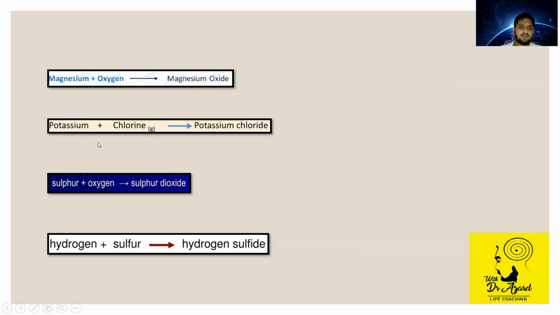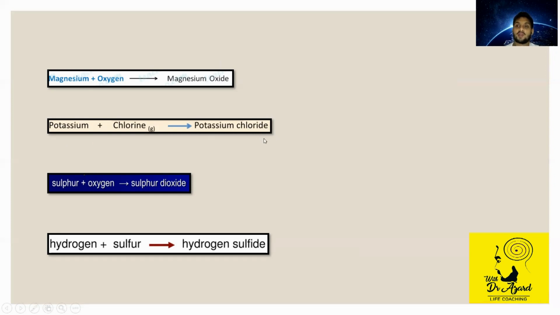Similar for the next one. If you see, we are reacting potassium and chlorine, potassium being the metal, chlorine being the non-metal. We are able to obtain potassium chloride. So in that product also, metal is first, then only we write the non-metal. So chloride, very important.